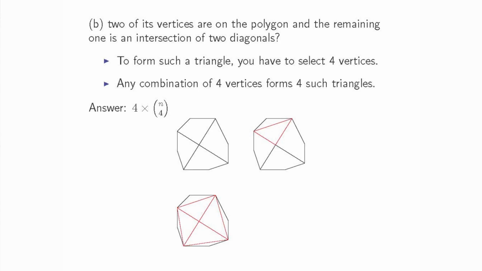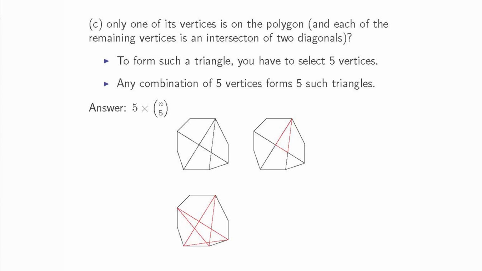And for the third case, only one of the vertices is on the polygon, and the remaining 2 vertices are intersections of 2 diagonals. To form one of these triangles, we have to choose exactly 5 vertices. For example, we choose 1, 2, 3, 4, 5, and we connect them like this, and this is one of the triangles we want to find.